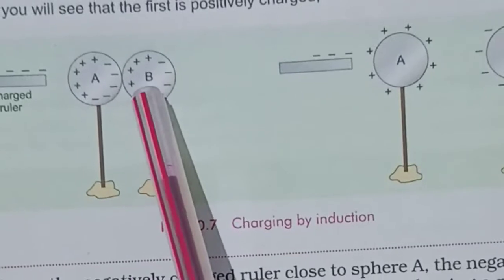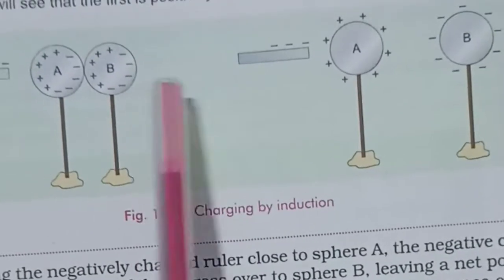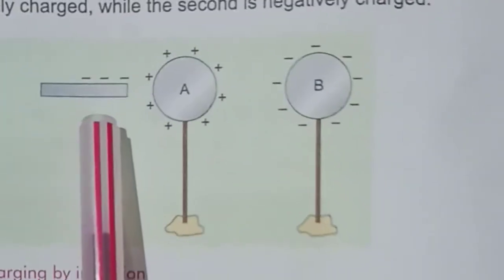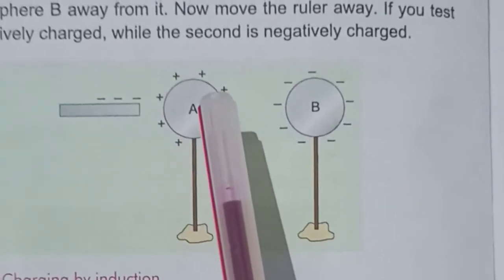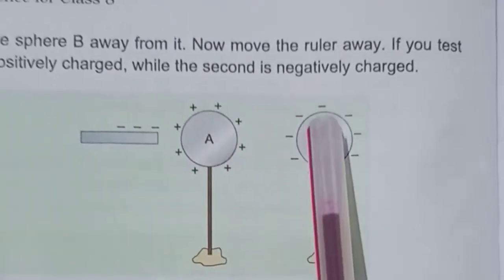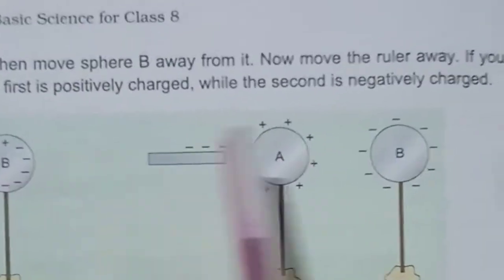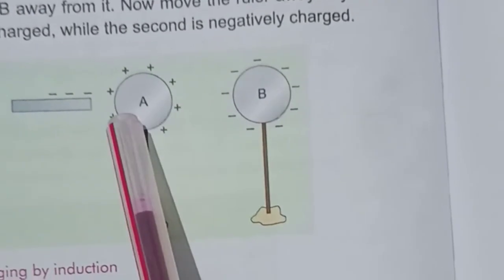And when we slowly move this sphere B away from the sphere A in the presence of this ruler, as shown in this diagram, whatever negative charge had jumped into sphere B when it was in contact will remain here only. It will not be able to go back.